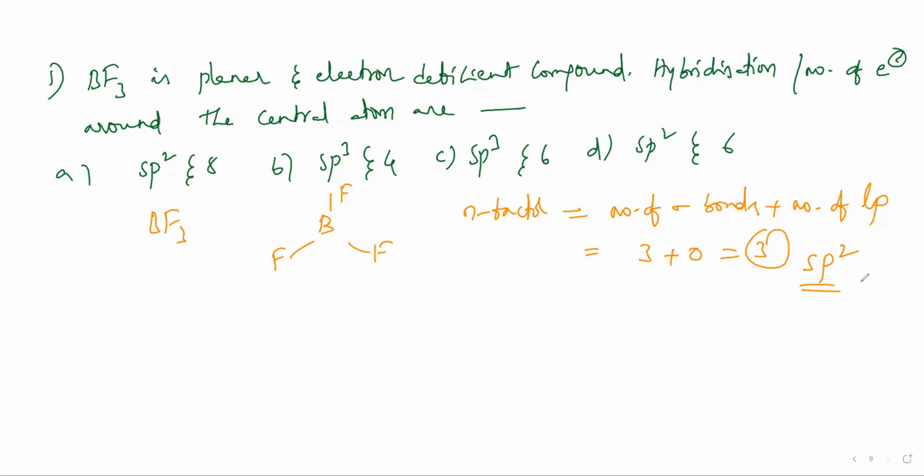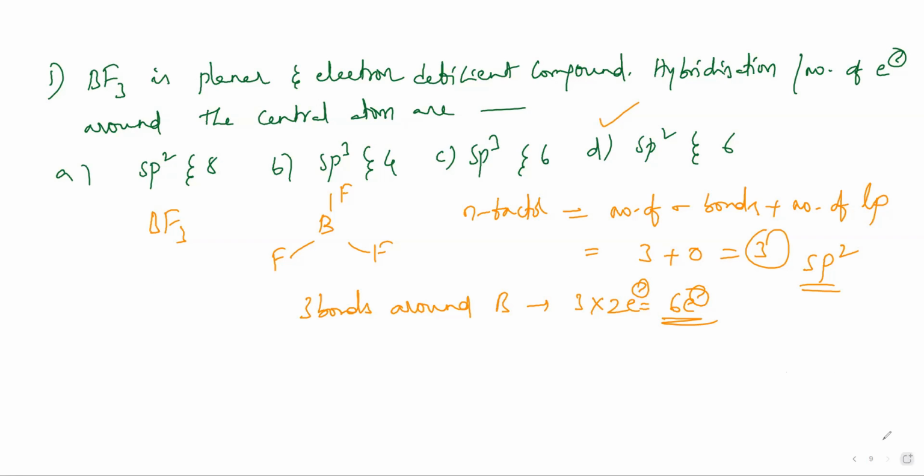Then how many electrons around the central atom? There are 3 bonds around boron, and each bond is 2 electrons, so total 6 electrons. So what will be the correct option? sp2 and 6 electrons. Done.